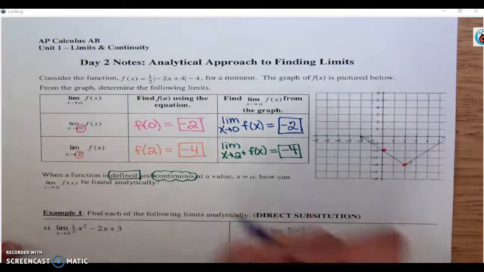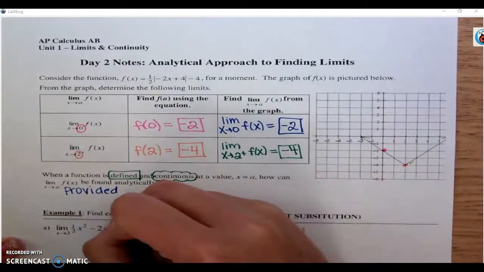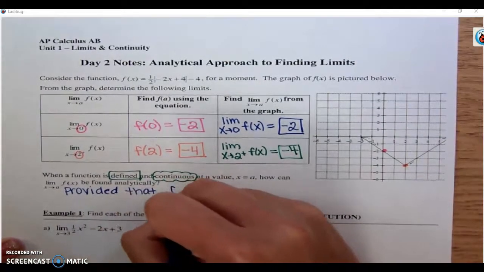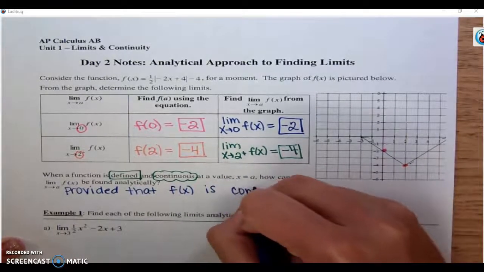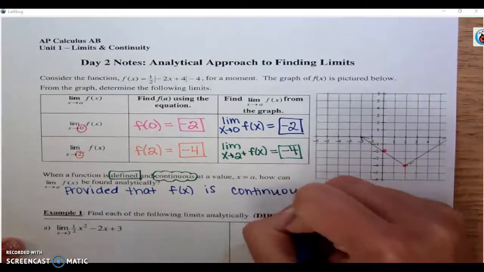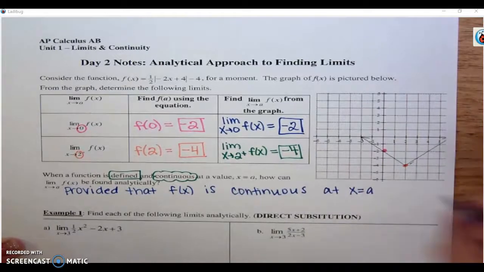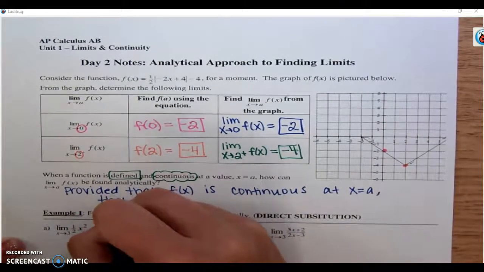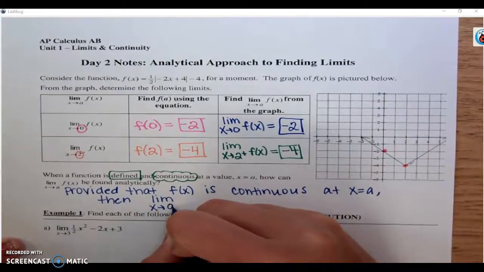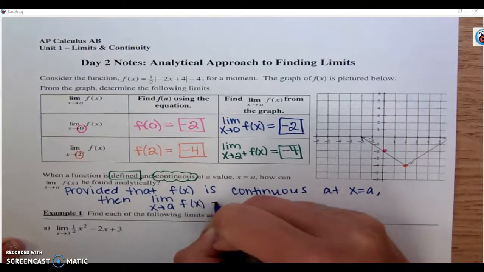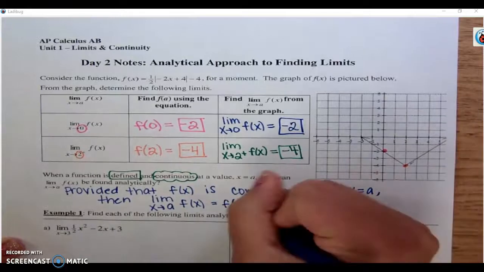So what it says is provided that f of x is continuous at x equals a, then the limit as x approaches a of f of x is just that place where it's defined, f of a.